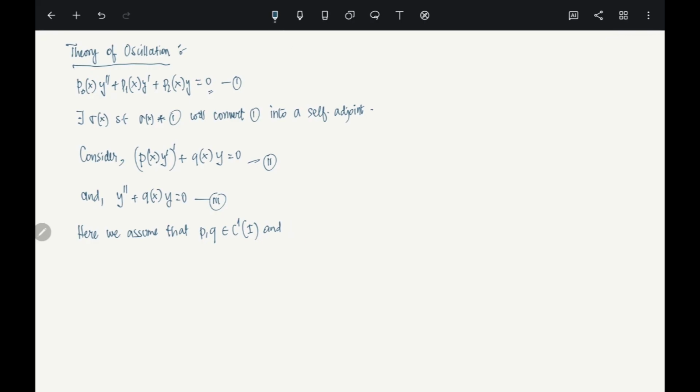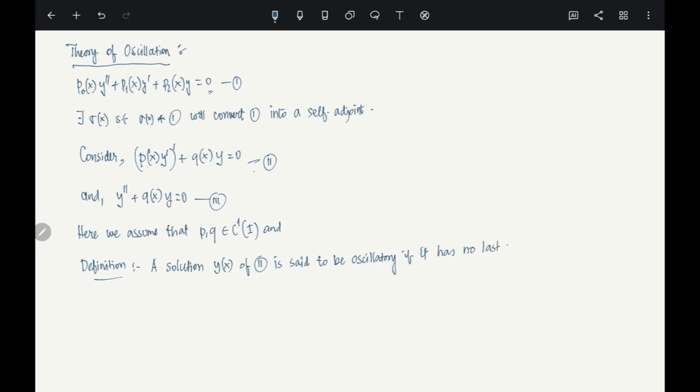Now, definition. What do we mean by oscillation? A solution y of x of equation 2 is said to be oscillatory, so we are calling the solution oscillatory for now, if it has no last zero.